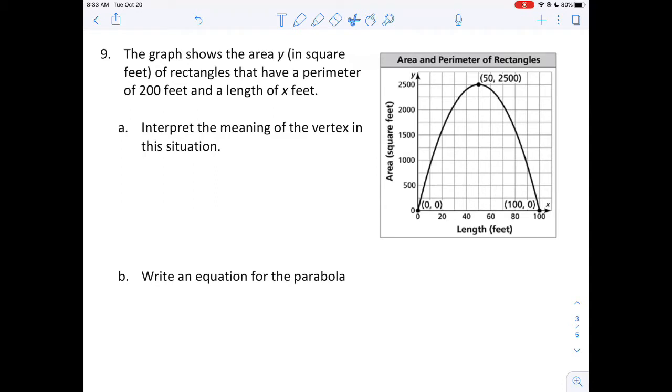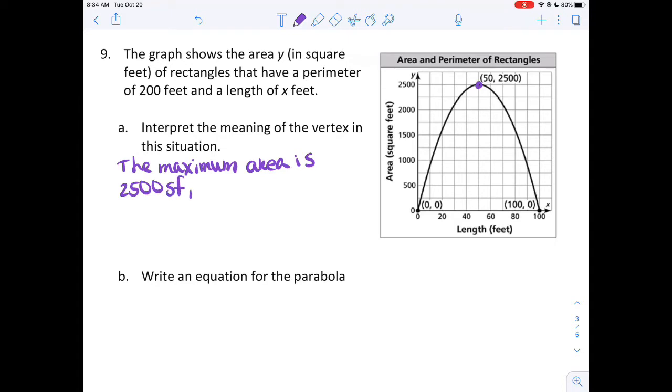The first thing we want to do is interpret the meaning of the vertex in this situation. So our vertex is here at the peak. We have a length of 50 feet at that point, and the area in square feet is 2,500 square feet. So that's definitely our maximum area. And so the maximum area is 2,500 square feet, or feet squared.